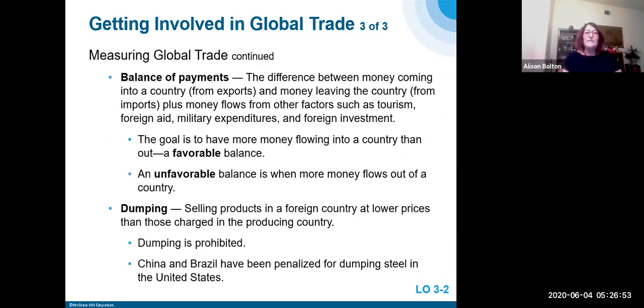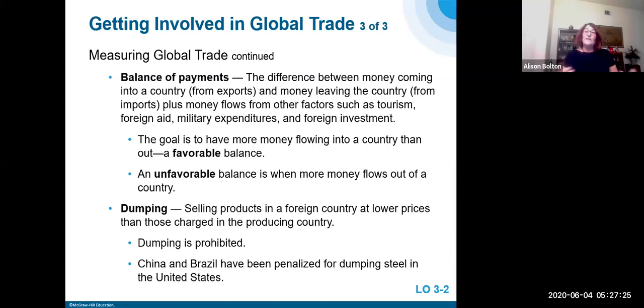Balance of payments. How is money flowing in and out of this country, in all countries? Are we making money? And what's really beneficial is during certain times of the year, such as with tourism, our flow of income is higher. So usually we see it during special seasons, let's say for instance, summer. Our summer comes at a different time than some other countries' summers.